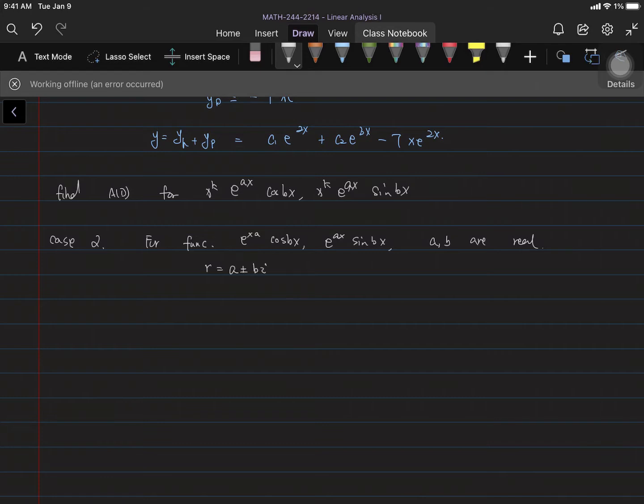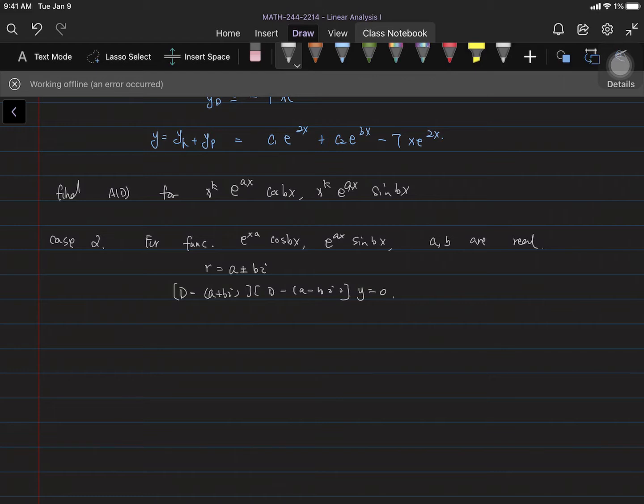So what is P(D)? If we look at the original differential equation, it should be (D minus (a plus bi)) times (D minus (a minus bi)), like two solutions, and y equals 0. This should be the solution to this differential equation.